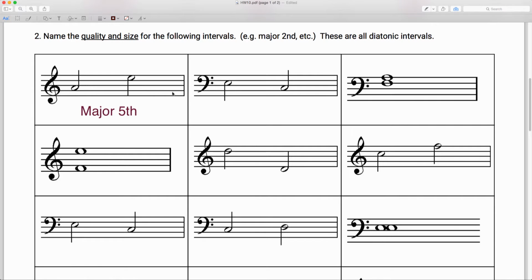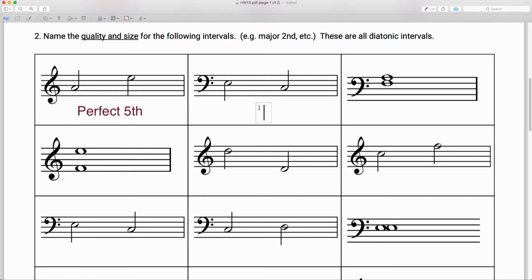What's the quality we use for unison, 4, 5, and octave? Perfect. Right. So this is a perfect 5th, not a major 5th. Be careful about that. In fact, major 5th doesn't exist. I'll tell you a story about why this is perfect or major later on, maybe. But right now, just remember that.